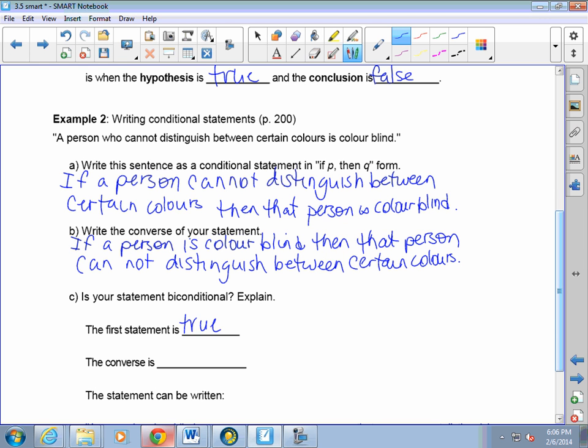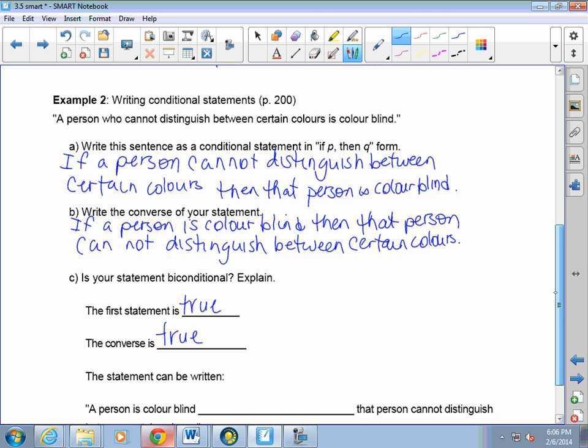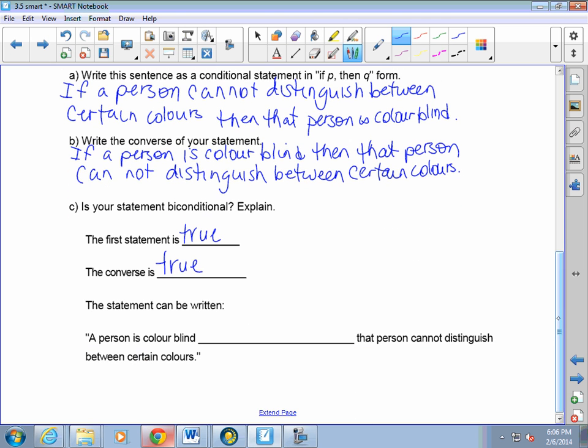Is the converse true? If a person is colorblind, then that person cannot distinguish between colors. Well, by definition, that's what a colorblind person is. The statement can be written as, a person is colorblind if and only if that person cannot distinguish between certain colors.